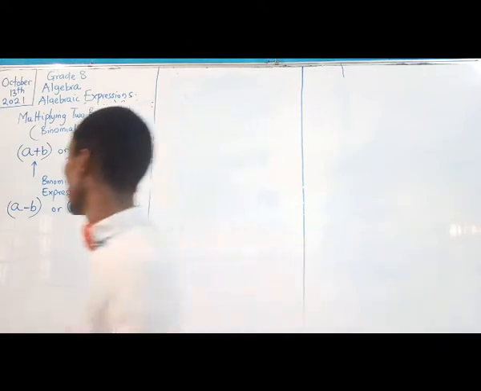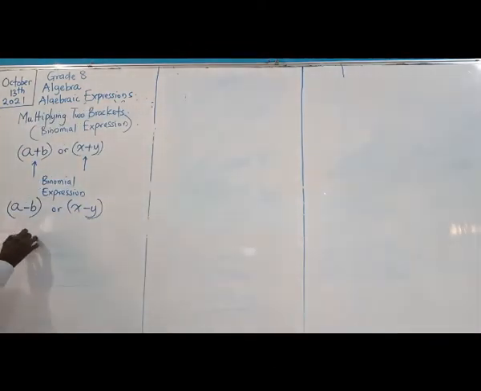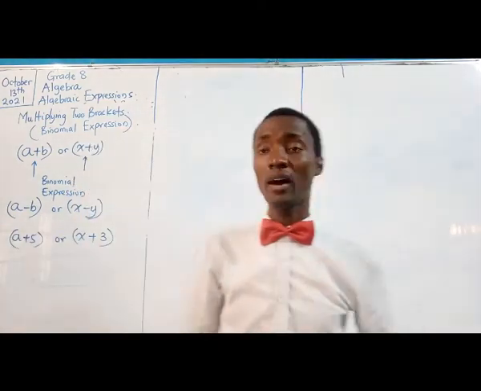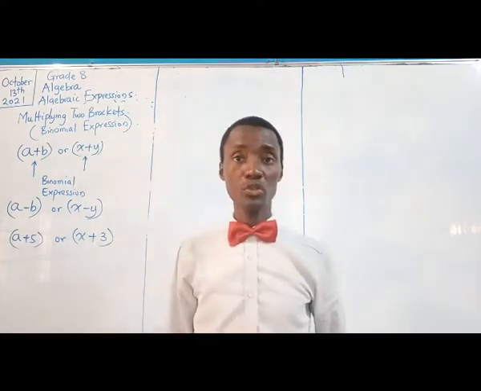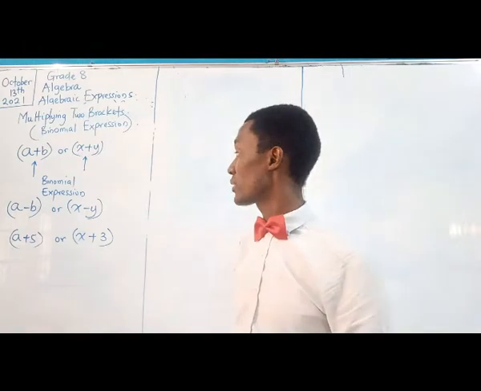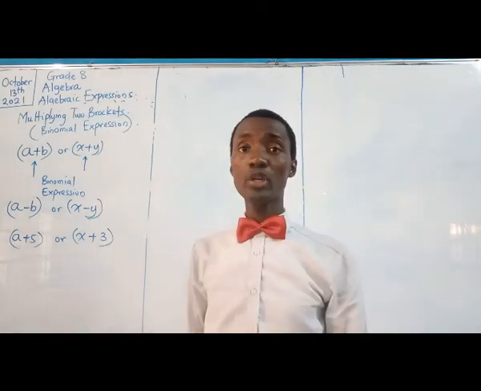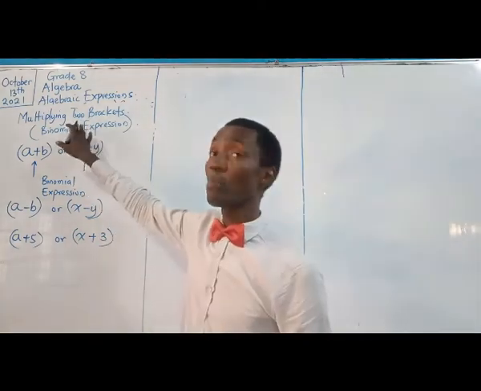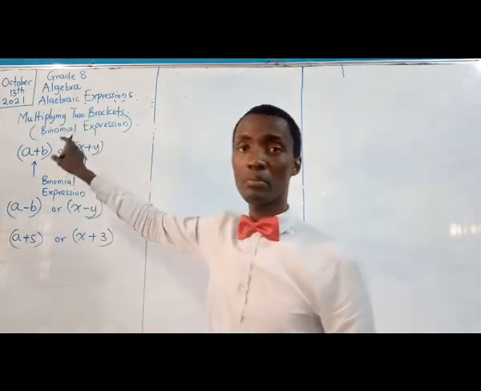You could have cases where you have these two. These are also binomial expressions too. So that said, we're now going to look at how we carry out multiplication of two brackets.